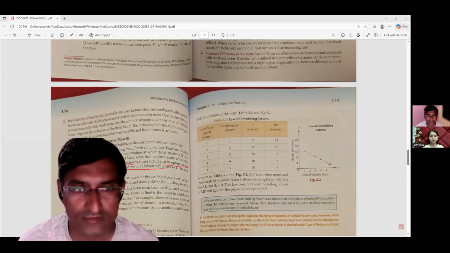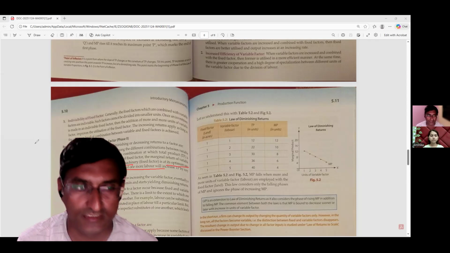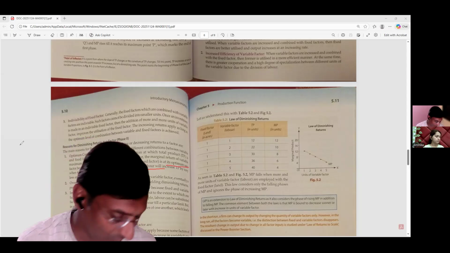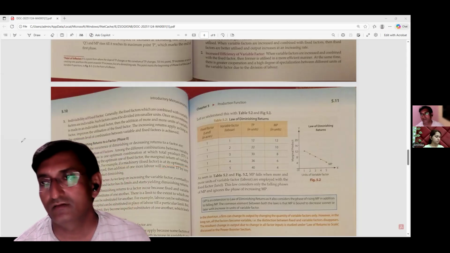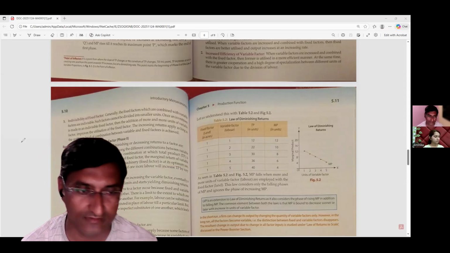So this is called the optimum combination of factors. We always try to utilize both factors. That is called combined factors, variable and fixed factors.